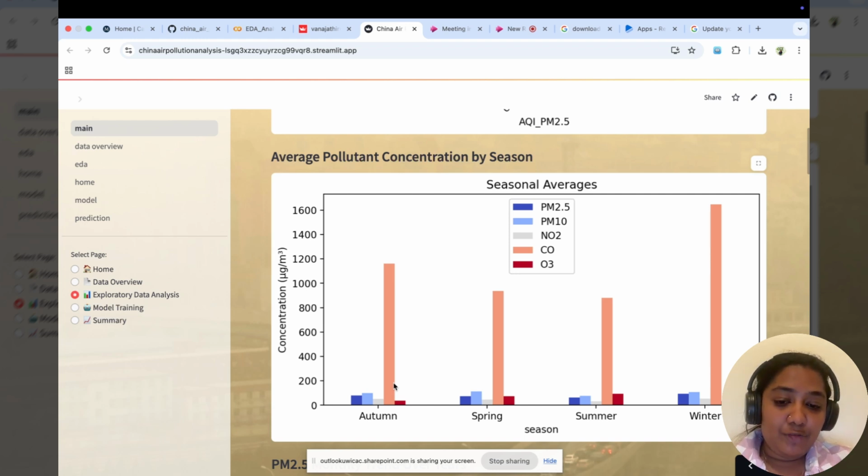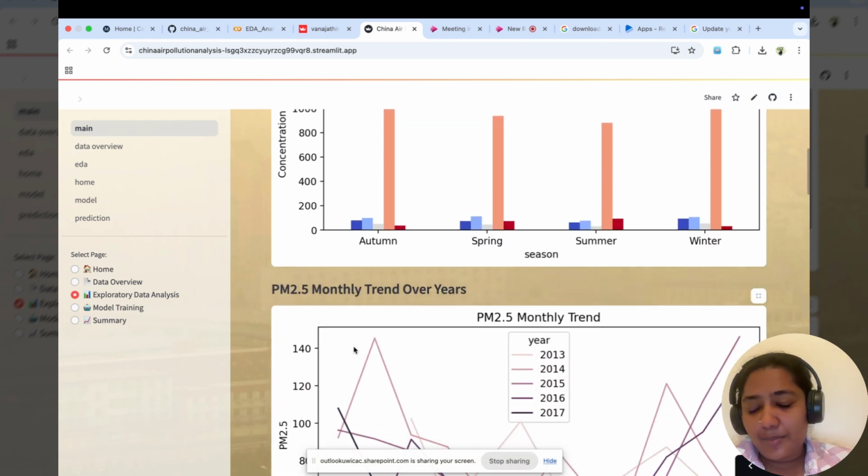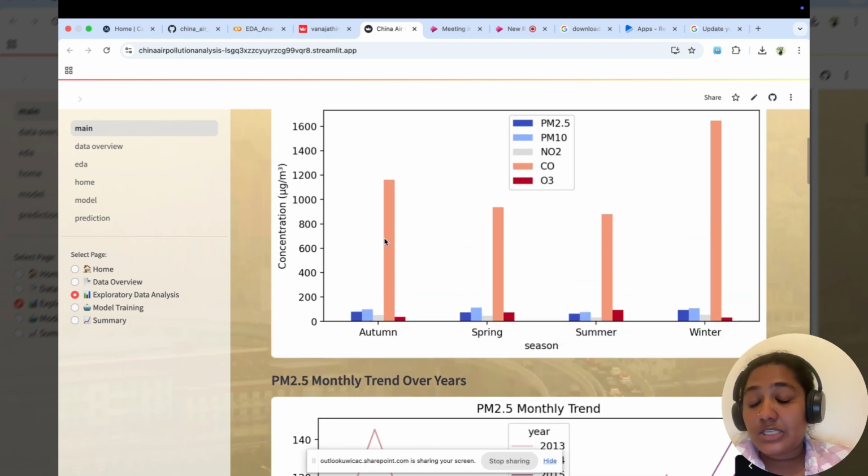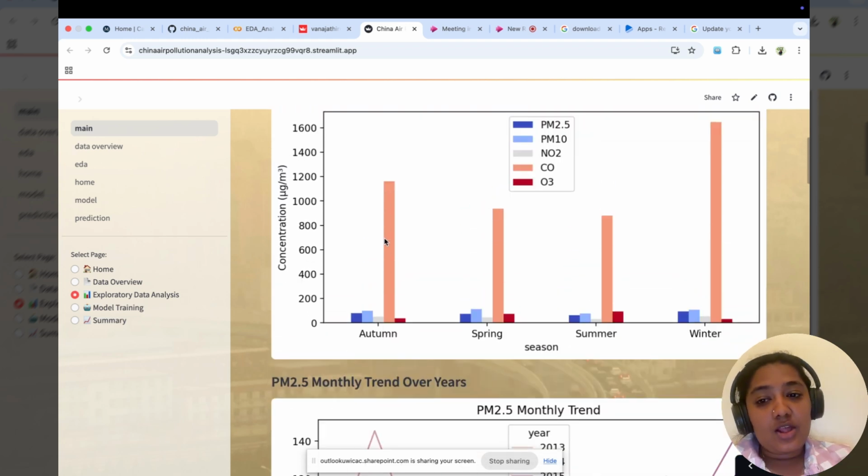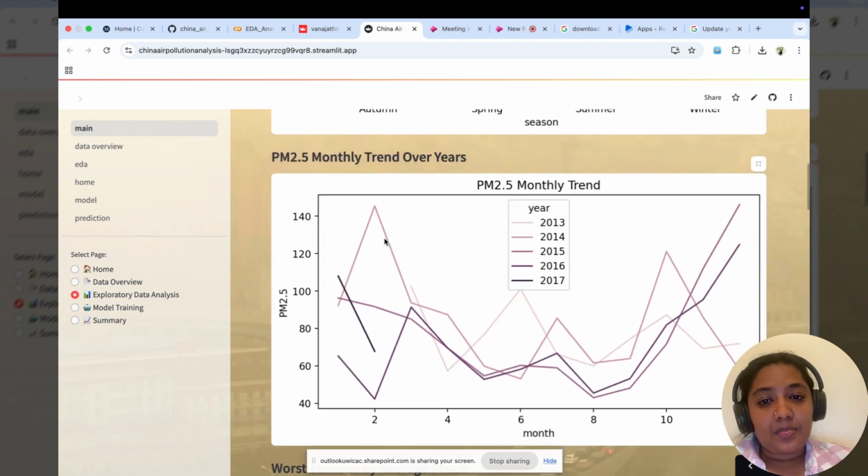During the winter and autumn seasons, the O3 concentration is lower when compared to spring and summer, and the NO2 was lower in the summer season when compared to the other three seasons. It makes sense, and we can easily make good decisions according to the season.